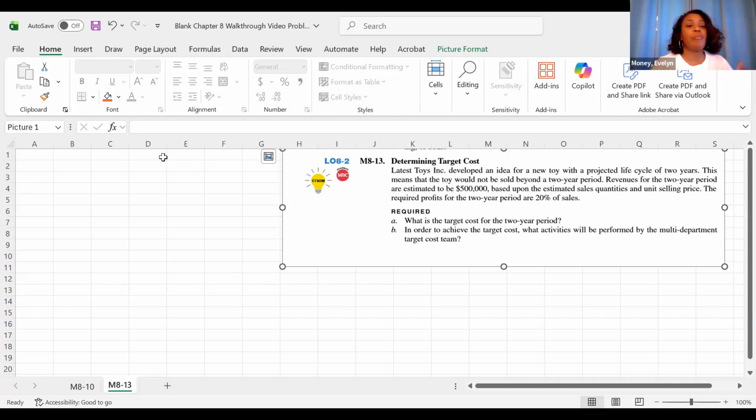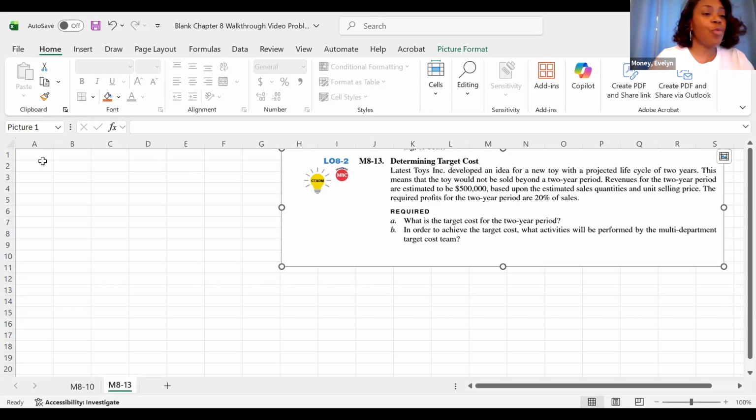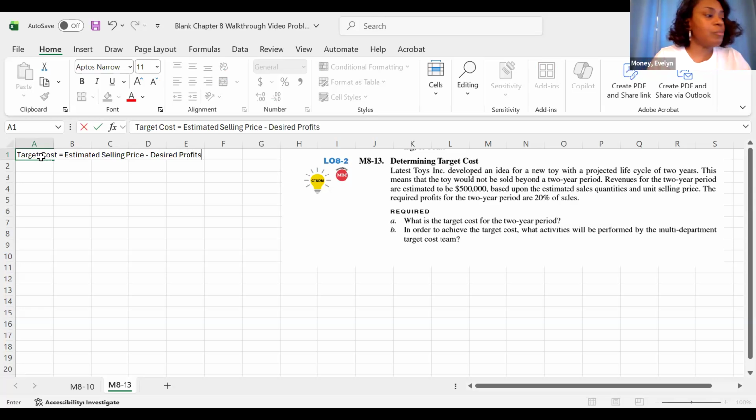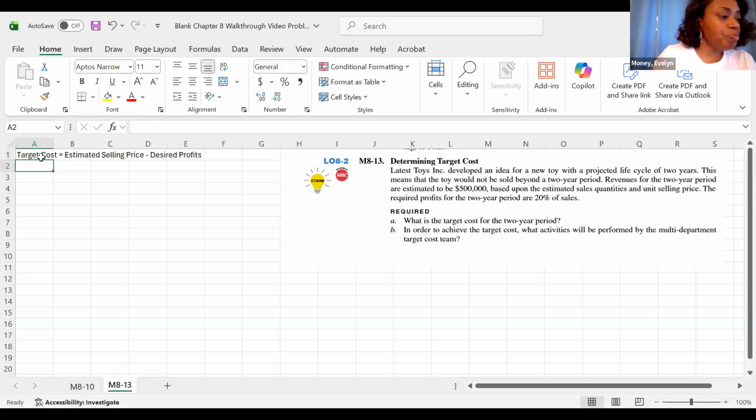Now, we're still using the profit equation. Profit equals revenues minus costs. It's just now we're setting everything equal to cost. So if I took my profit equation and I solve for cost, then my equation would look like this. It would be the target cost is equal to the estimated selling price, which would be my revenue, minus desired profits. This time, we're not focusing on finding the selling price.